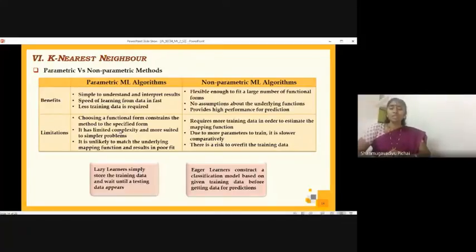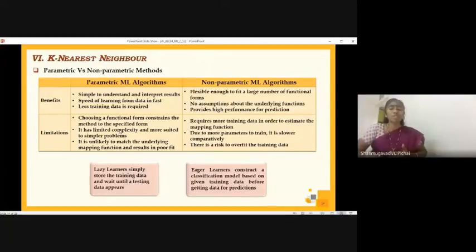Lazy learners simply store the training data and wait until the testing data appears, like students do. On the day of the announcement of the test, they look out for the notes and learning materials and start the preparation. So how about the eager learner? Eager learners construct a classification model based on the given data set before getting the data for prediction.